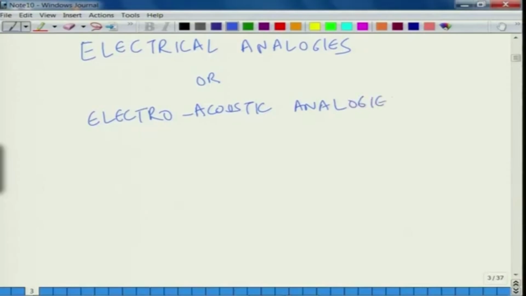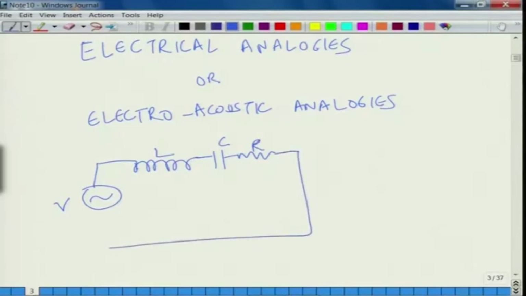So, what do I mean by that? Just like you have voltage in electrical circuits, like this is the voltage and this is, say, your inductance L, or a capacitance C, a resistance R, and this is driven by a voltage, say V naught sine or e to the j omega t, which drives a current, an alternating current.